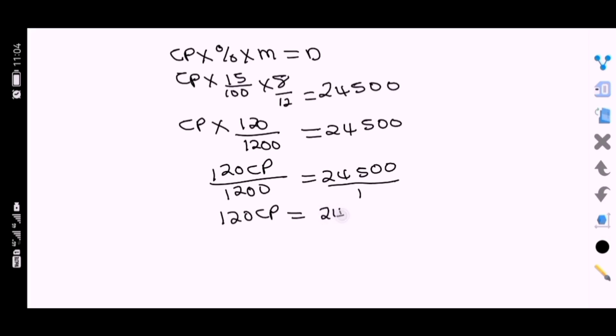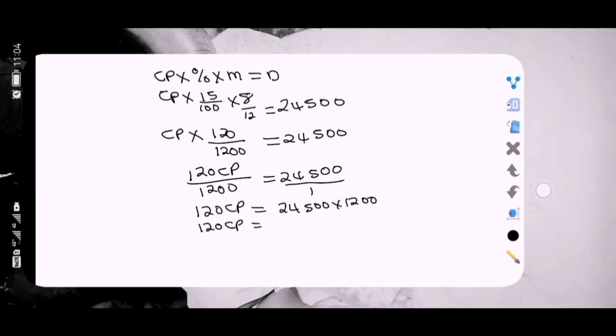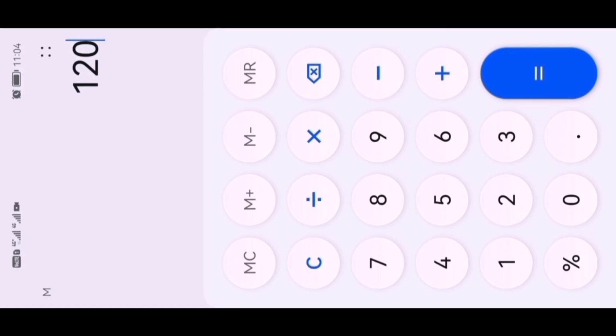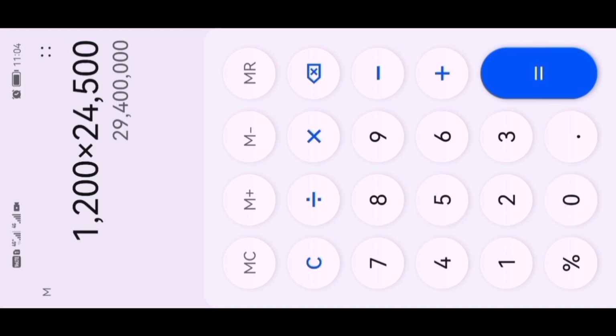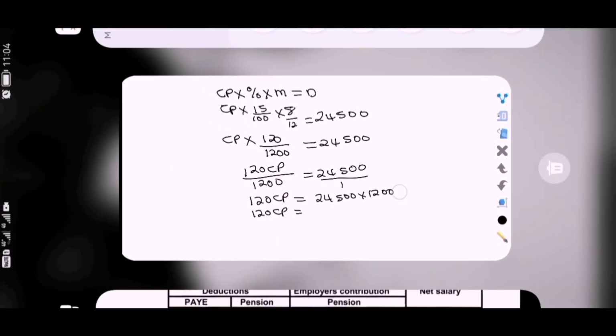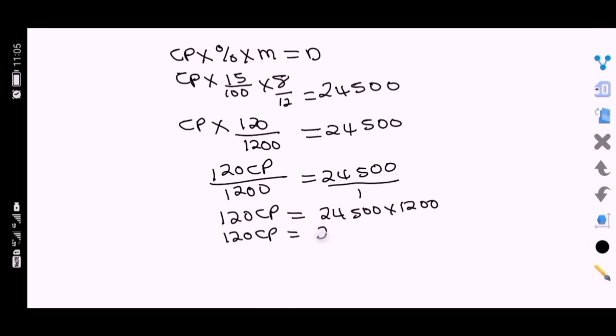Let's write it down. So we have 29,400,000. And then we're going to divide both sides by 120.